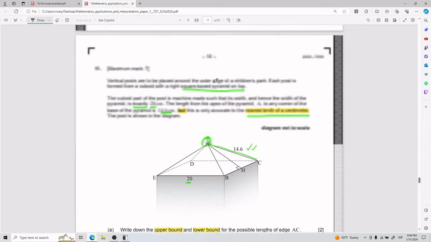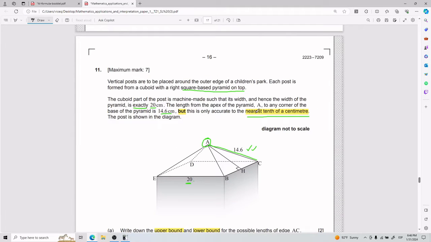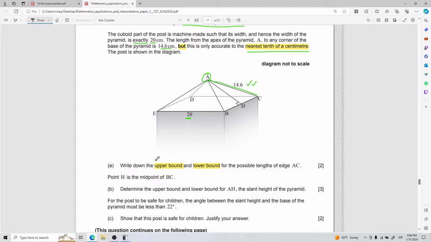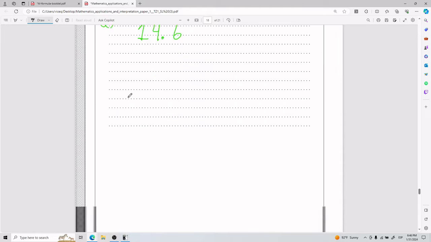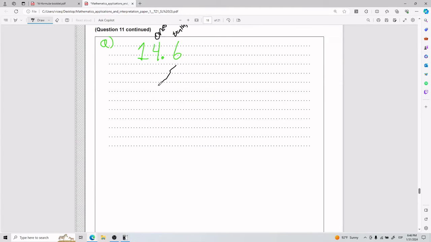So if it is only accurate to the nearest tenth of a centimeter, that means that your upper and lower bound have to play around with that tenth. Okay? So there's going to be two sort of like veins. You're going to have the lower bound, of course, and you're going to have the upper bound.